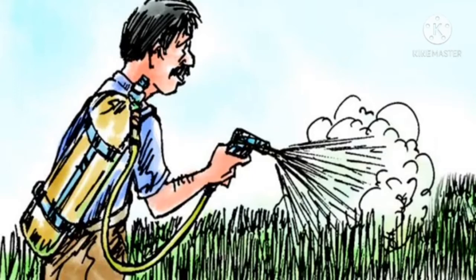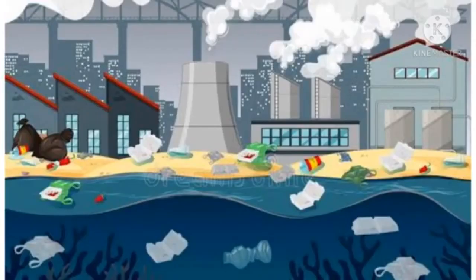Agricultural waste includes the fertilizers and pesticides which release harmful chemicals to the soil. Industrial waste contains non-biodegradable waste and harmful chemicals. Domestic waste includes glass and plastics which also damage the soil.